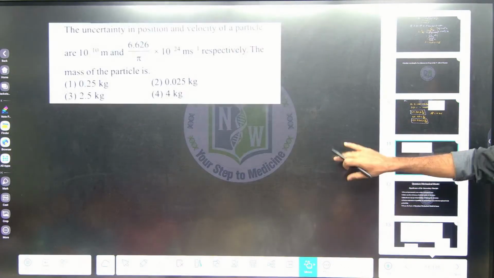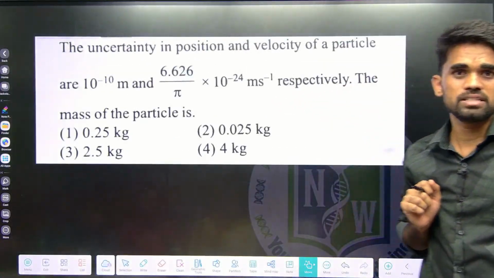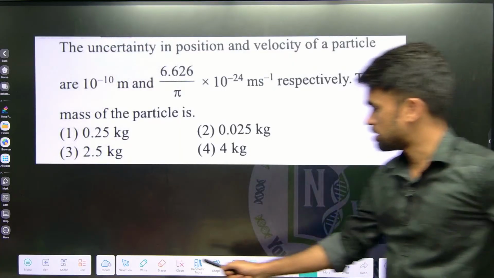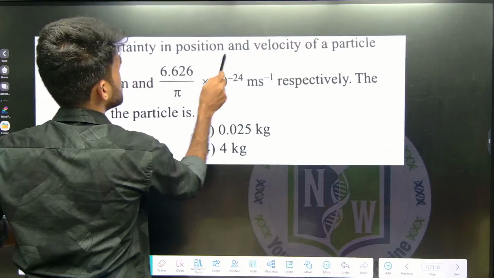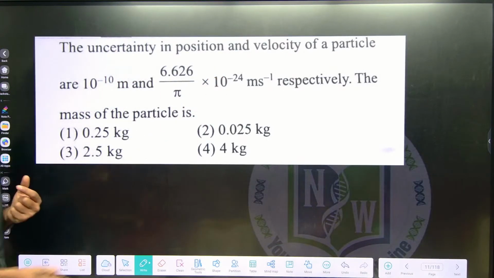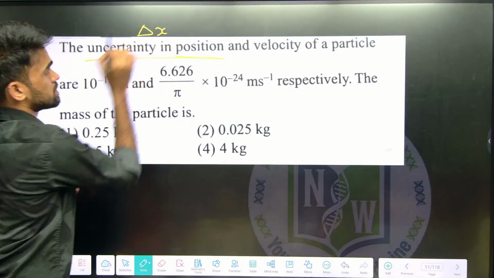Okay, look at this question. Read the question once. Uncertainty in position. What does uncertainty mean? Uncertainty means error. Error in what? That is indicated with delta x.